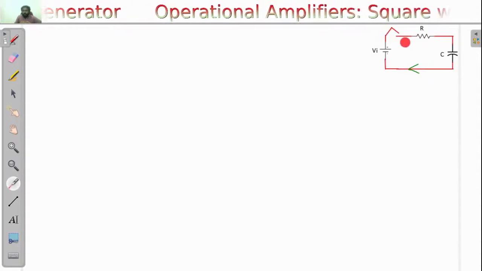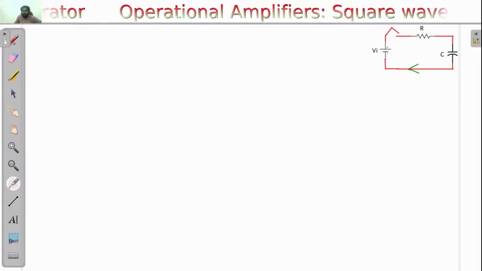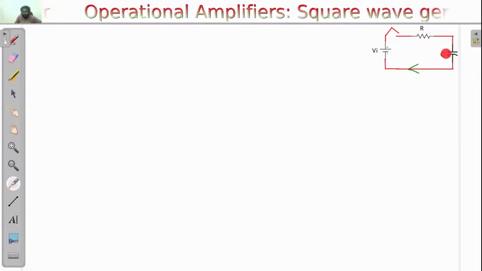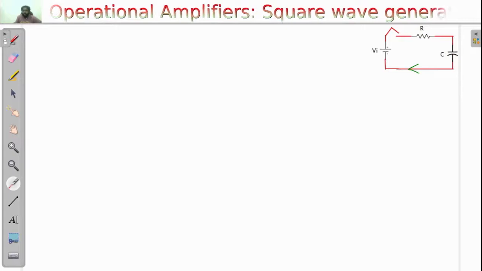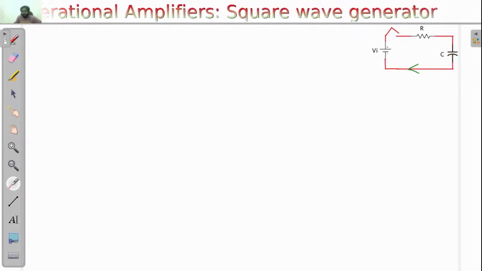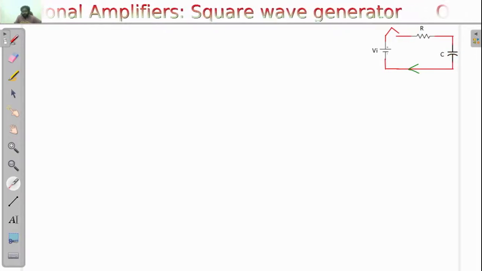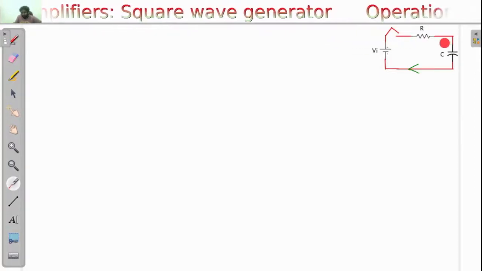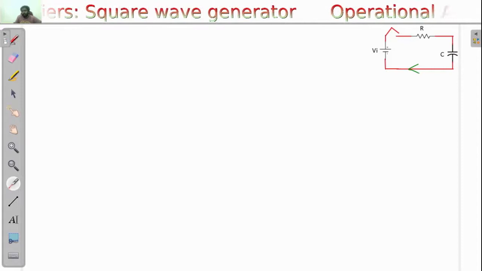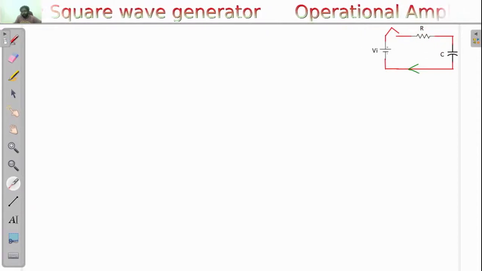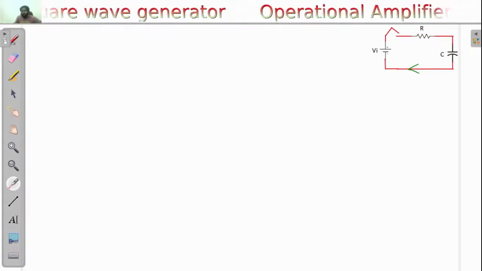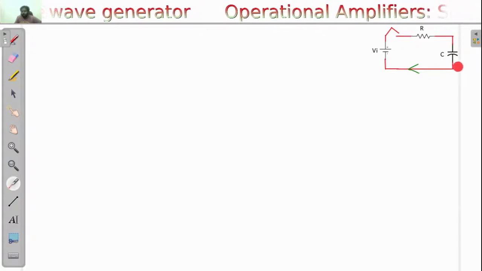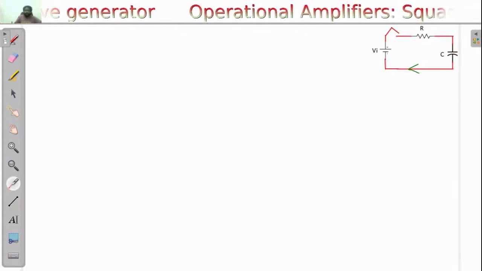When I press this switch, at that moment the capacitor will try to charge. It will try to charge to Vi, and while it does, it takes some time, and that time is related to something known as the time constant of this circuit. We will be discussing it shortly.